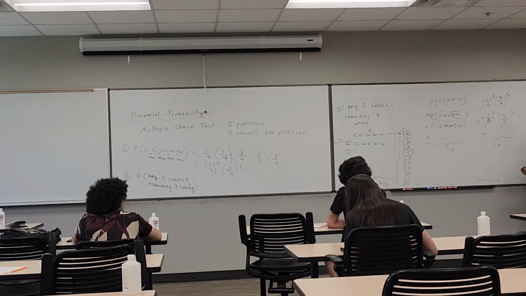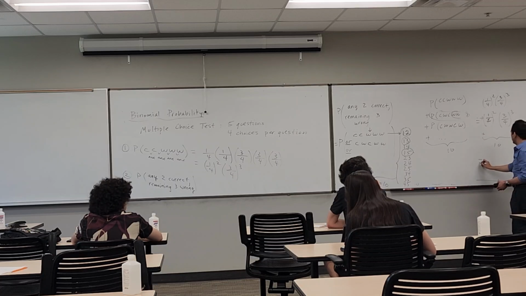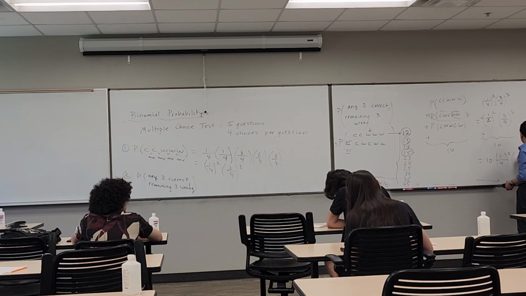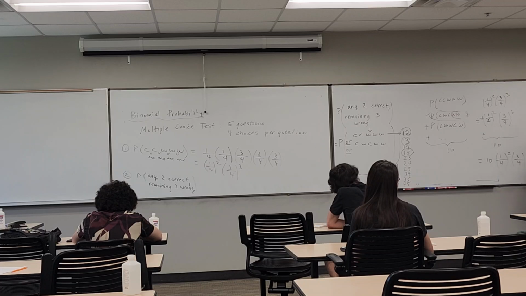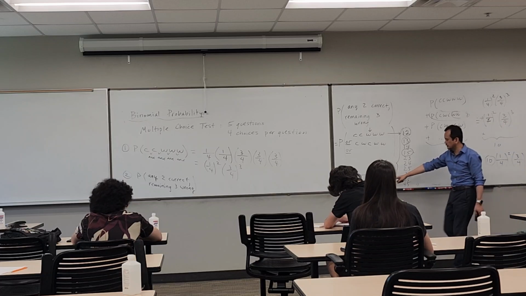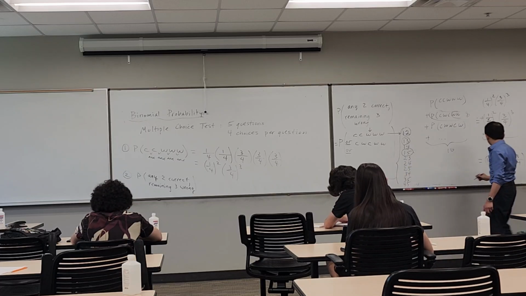So if you add up a number 10 times, another way of saying that is 10 times the number. So in this case, the final answer will be 10 times what this probability is. But where did this 10 come from? The 10 came from this expression of 5 choose 2.